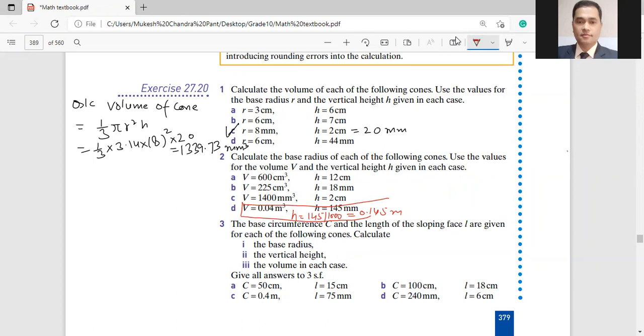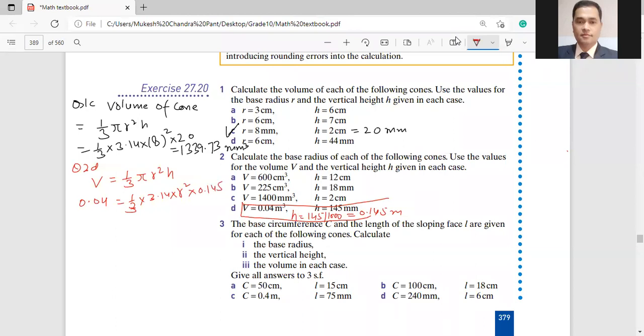Now question number 2D. Volume, V equals 1 over 3 pi r square h. Okay, so volume we have 0.04 meter cube. 1 over 3 pi means 3.14, h is 0.145, and r we have to find out.